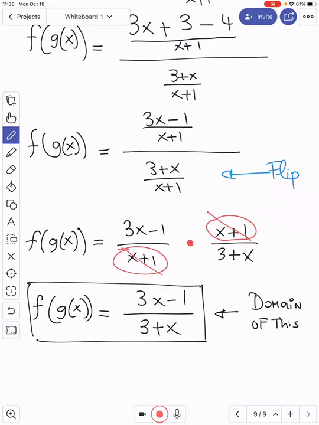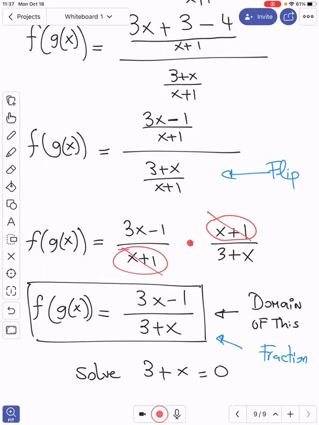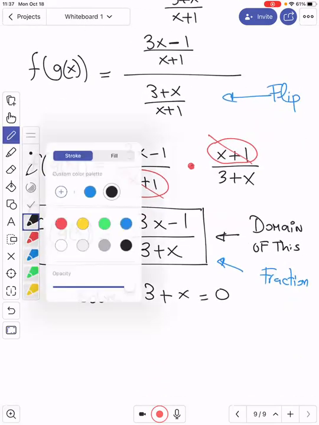It's a fraction, and because it's a fraction, we have to solve the denominator equal to 0, and the denominator is 3 + x. So we solve 3 + x = 0, so x is -3.